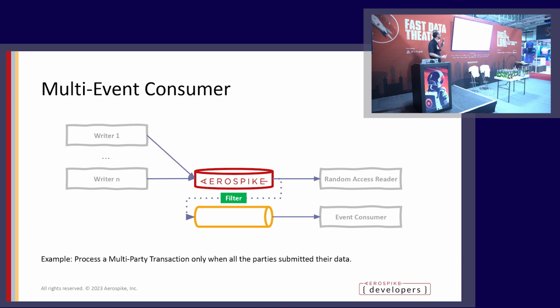Next one, this is actually very useful. There's a multi-event consumer. You have several events. Imagine that you go to Amazon and you buy from lots of different vendors. Amazon wants to send you one notification saying that all of the different orders that you made are fulfilled. The way that it works is that you write with different writers into the database.